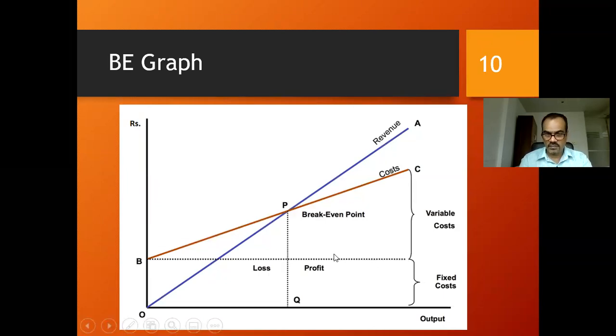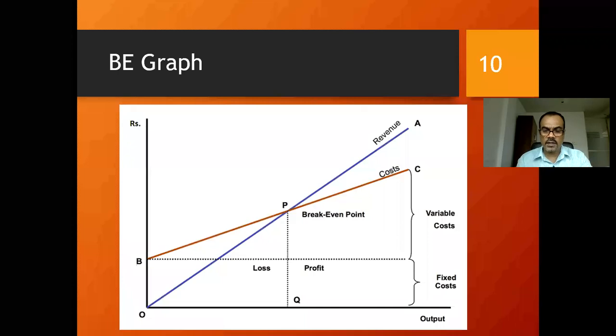Therefore, that is cost. In this graph, the total variable cost has not been drawn. In a new graph we will show you that one. If you take these two lines, revenue and costs, you can see this particular point where both lines cut each other, what we call the intercept.